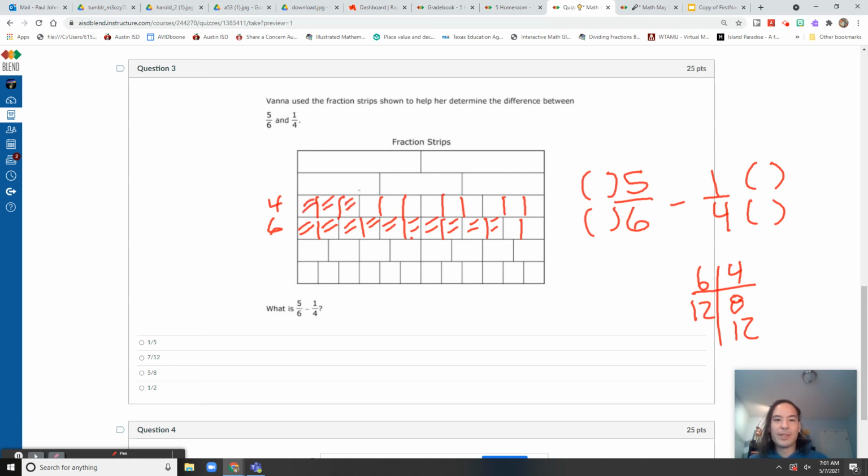So there's the comparison in visual format, right? You have this part, and you're taking it away from this part. So if you wanted to use the fraction strip, if we canceled these parts out, we'd have 1, 2, 3, 4, 5, 6, 7. And we'd have 7/12ths left over.